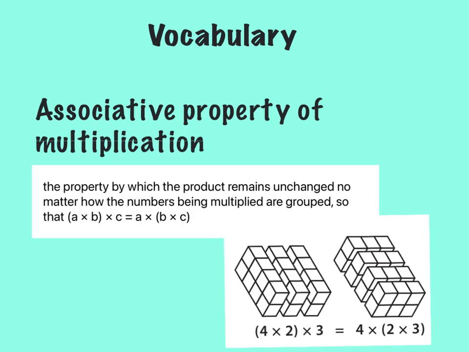The associative property of multiplication is the property by which the product remains unchanged no matter how the numbers being multiplied are grouped, so that A times B times C equals A times B times C. We can see here that 4 times 2 is 8, times 3 is 24, which also equals 4 times 2 times 3, which is 6, which is still 24.